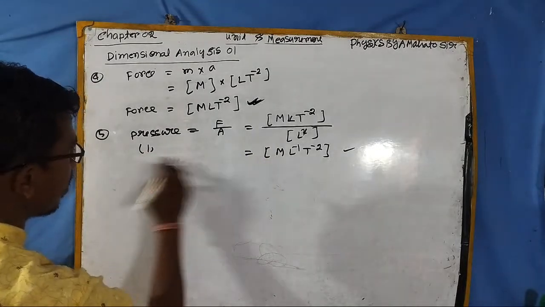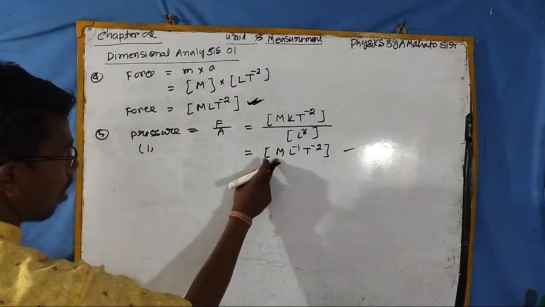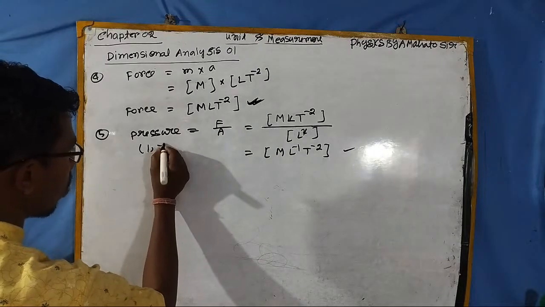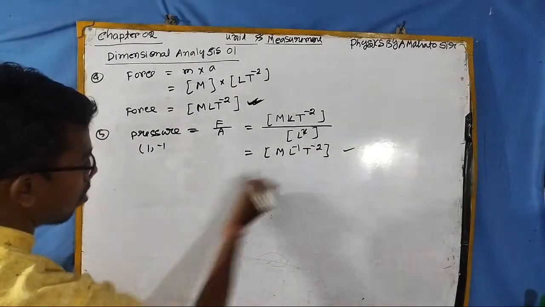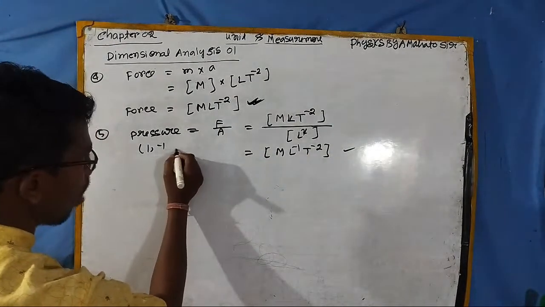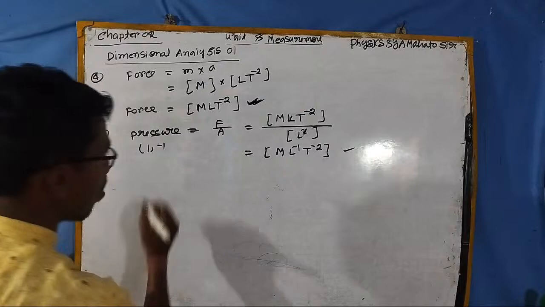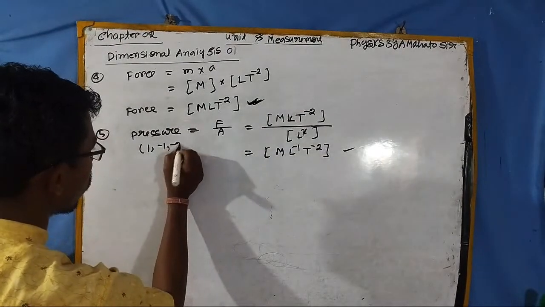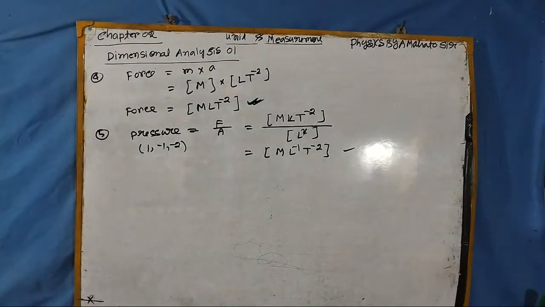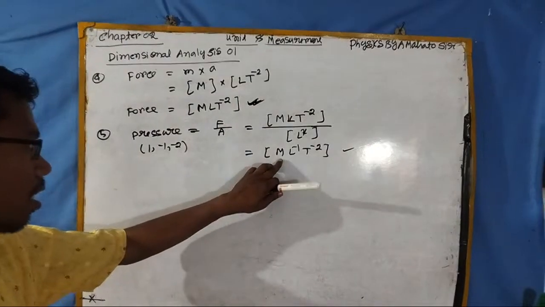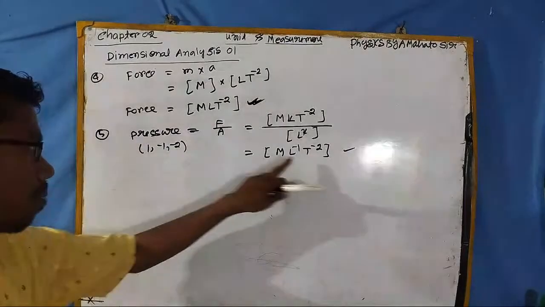For the fundamental quantities, mass is 1, length is minus 1, and time is minus 2.